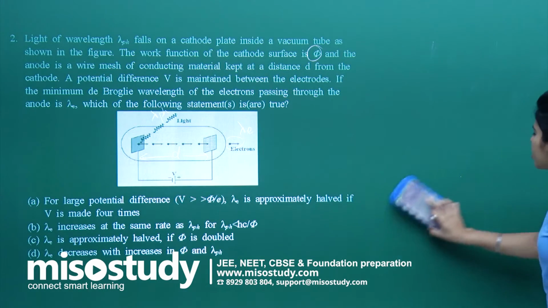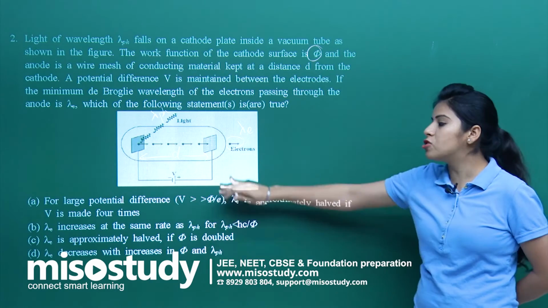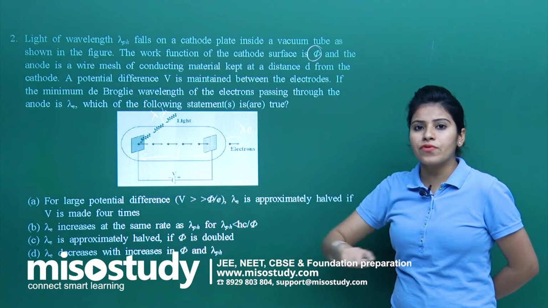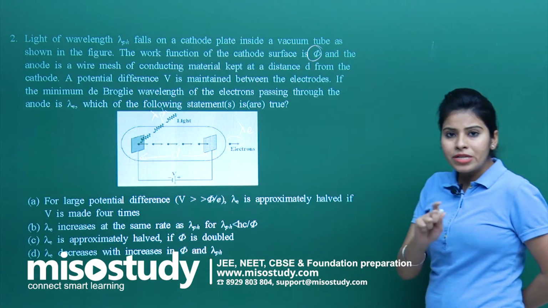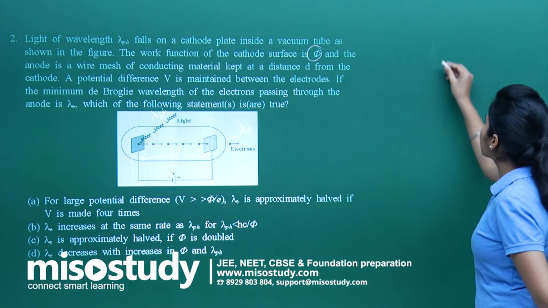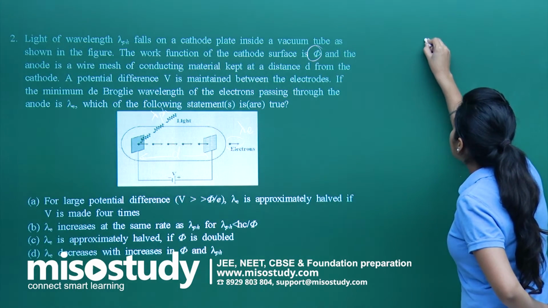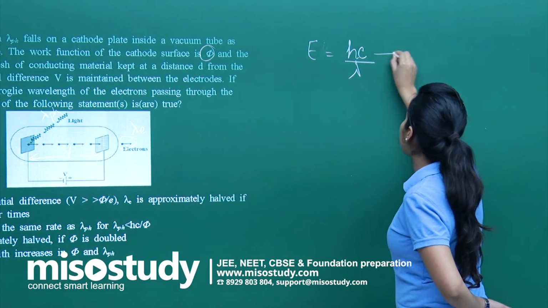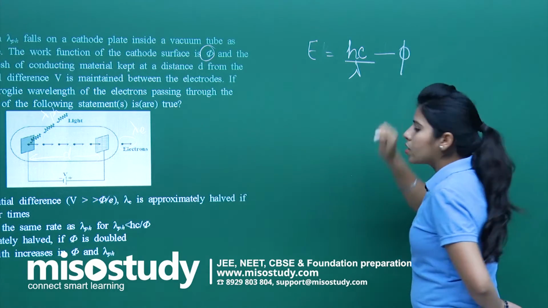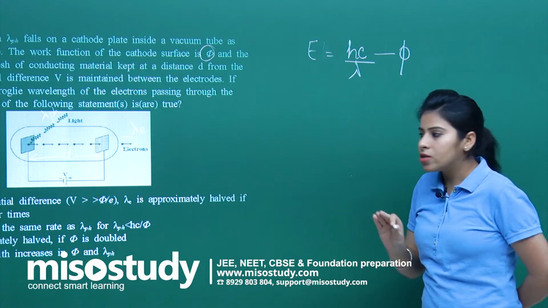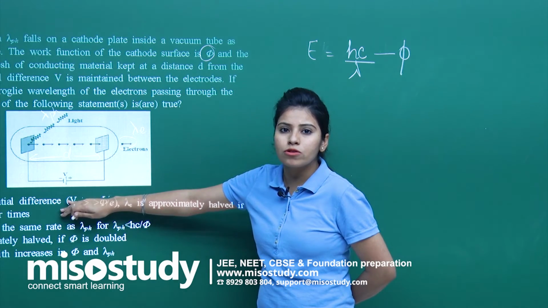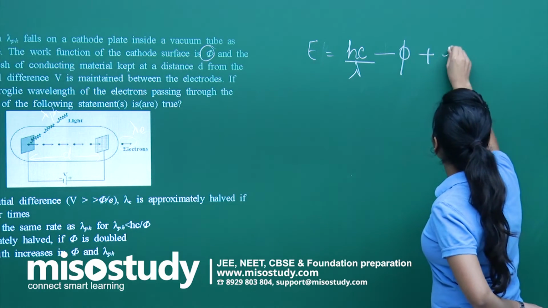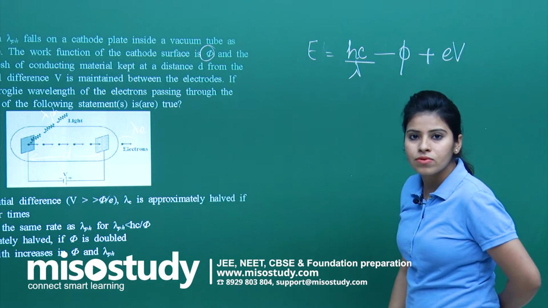Because here potential difference is also applied across this tube, our energy because of this potential difference will be added to it. Let me write the photoelectric equation: E equals h nu, or you can write it as hc by lambda, minus the work function. Right? Now because potential difference is also applied, we have to add an extra energy, and that would be eV.